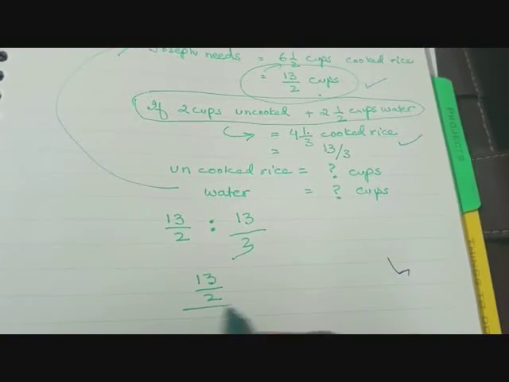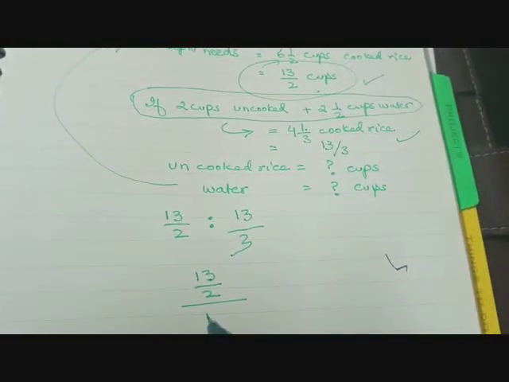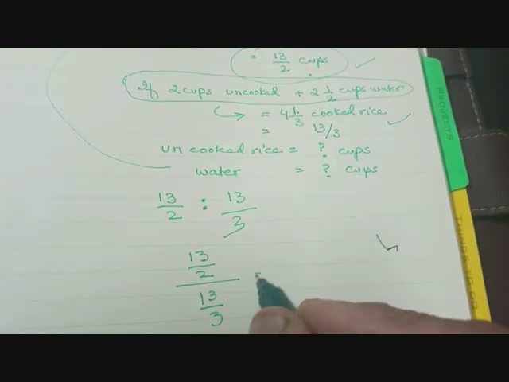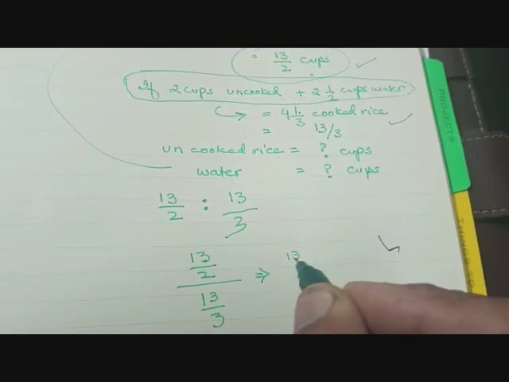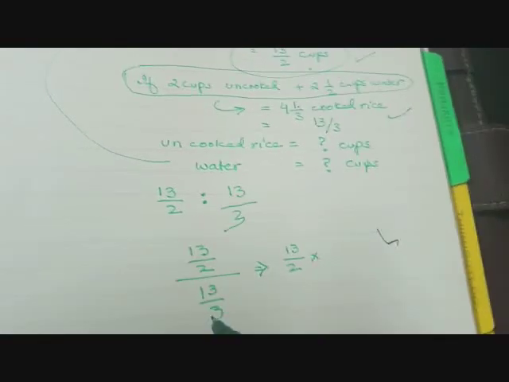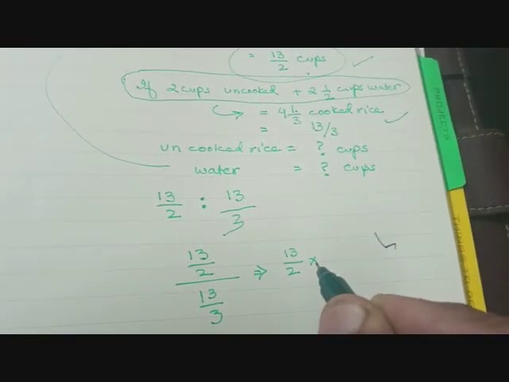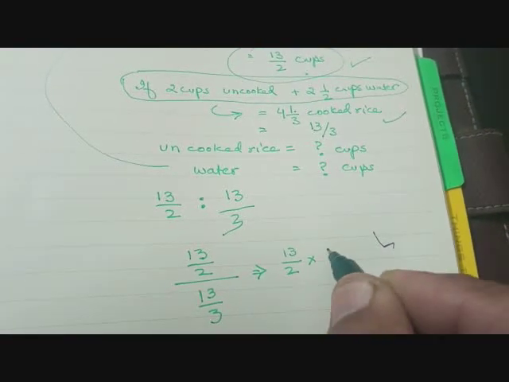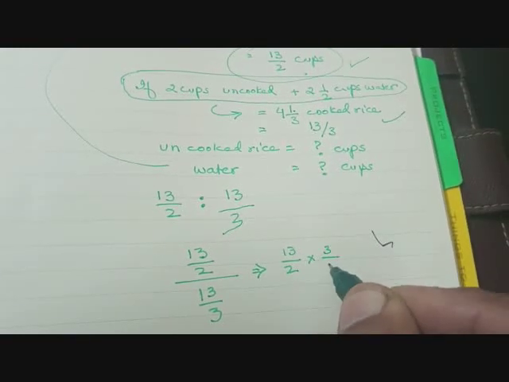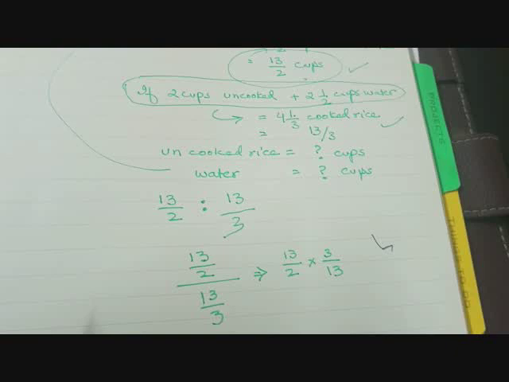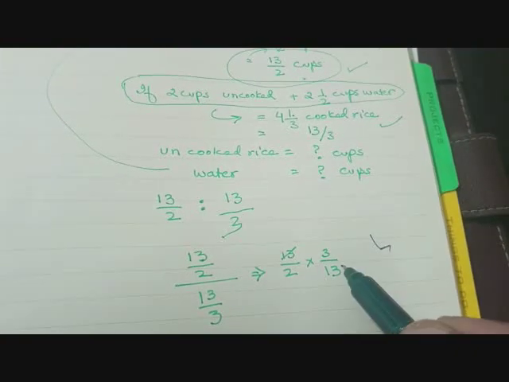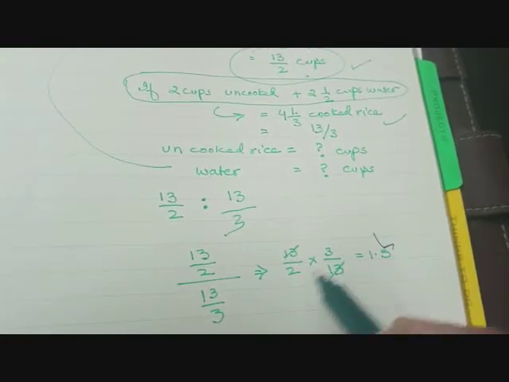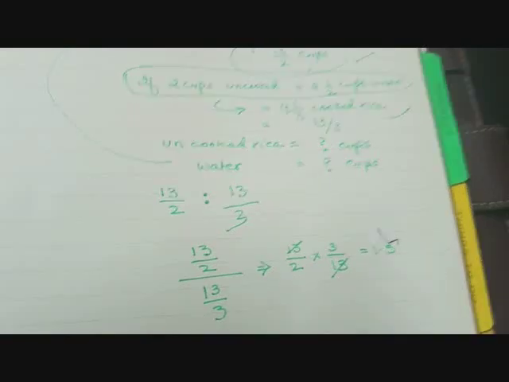We'll divide the two fractions like this. The second will flip over when we change the sign of division into multiplication. Now 13 will be cancelled with the 13, and the result will become 1.5, or 3 divided by 2.